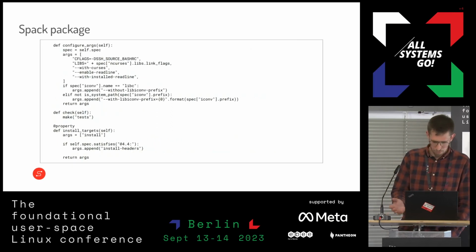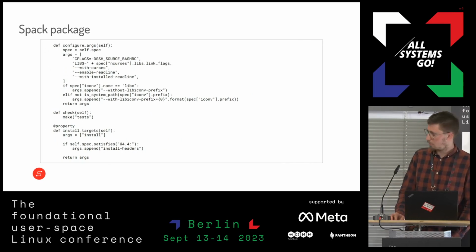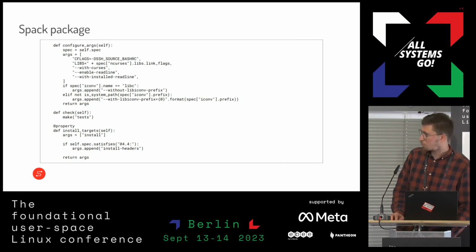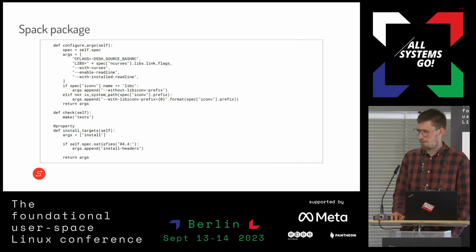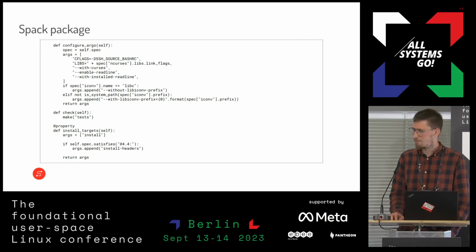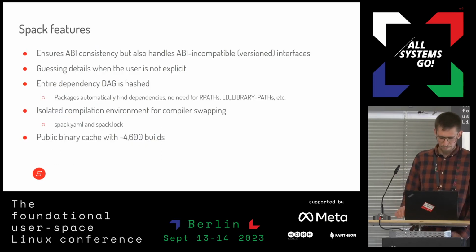And then afterwards, we define how to configure the package during the build process. We configure how it's going to be installed and how to check whether the package is built correctly, right? And this reminds me very much of Portage recipes or even Arch Linux PKGBUILDs, right?